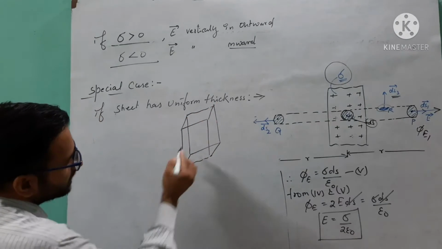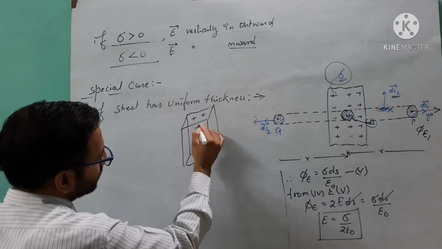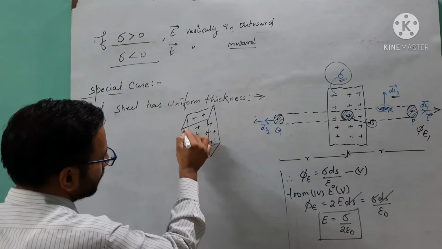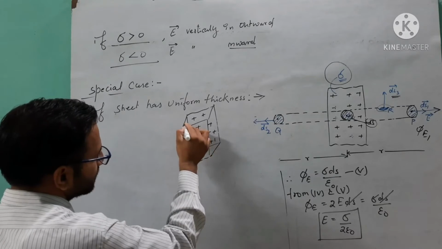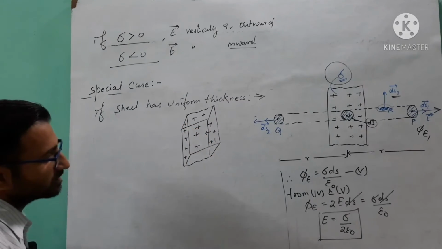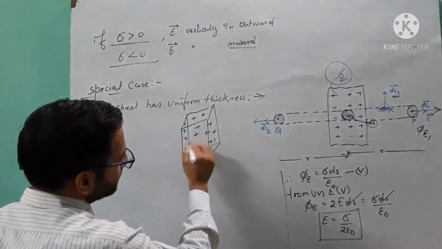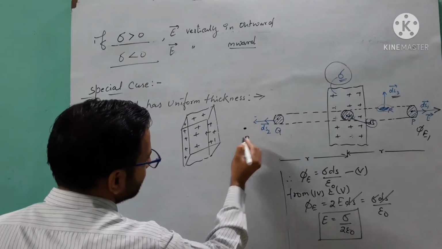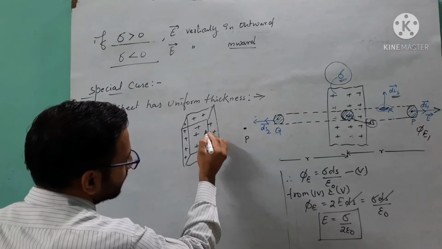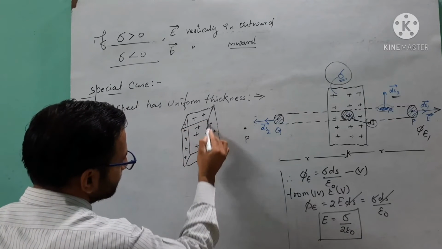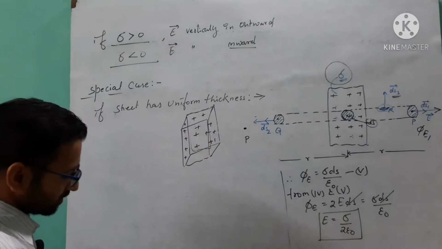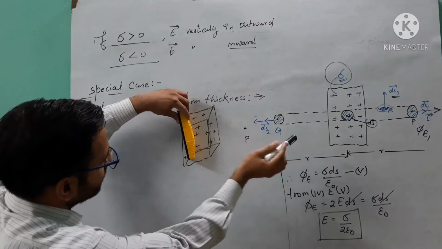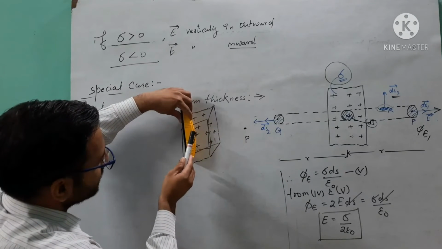Suppose we have a sheet which has uniform thickness, so charge Q is uniformly distributed over both of its surfaces, because it has some thickness right now. If we are calculating the electric field at any point P, we will calculate the electric field due to the first surface. This is our little bit of thickness of this plane sheet which is initially thin.